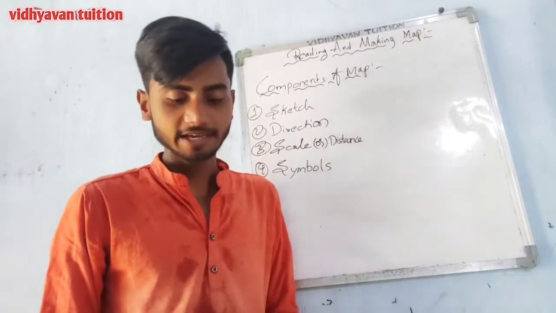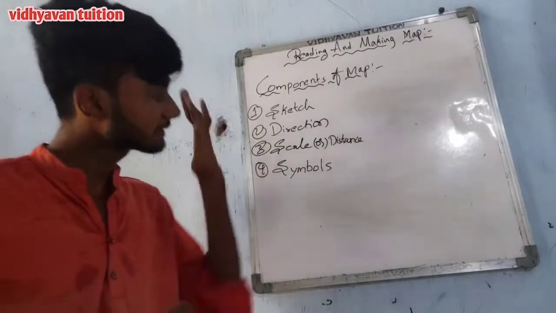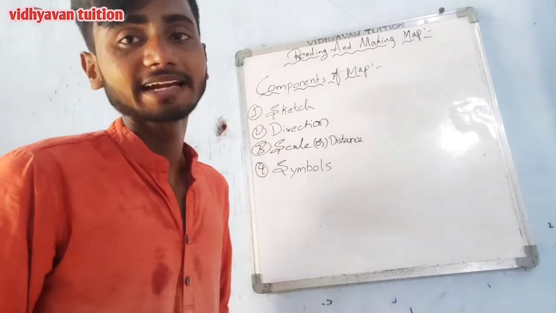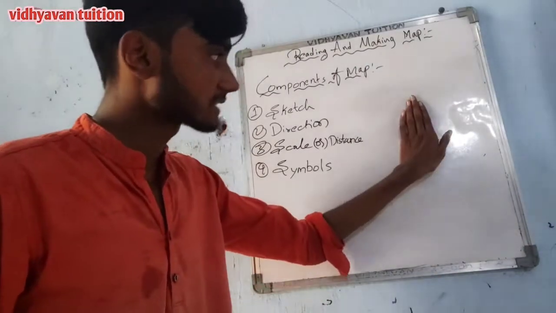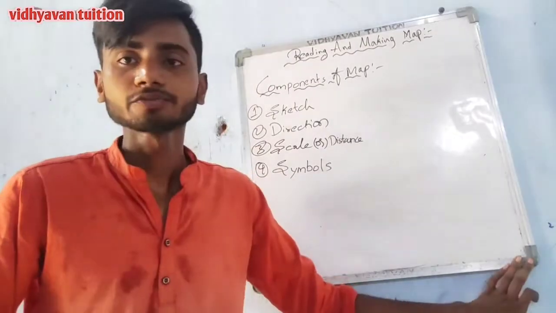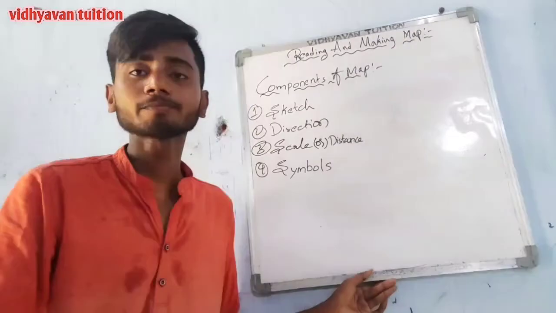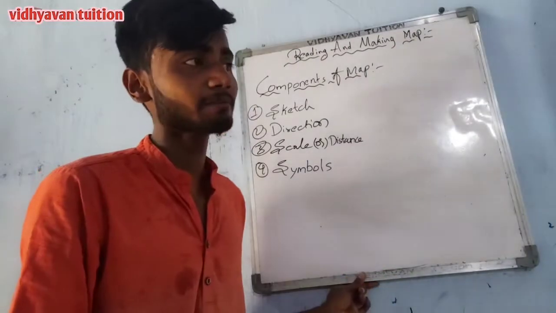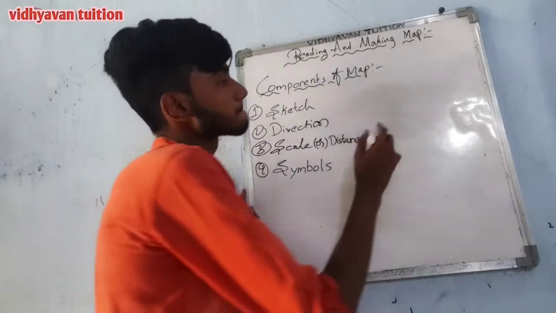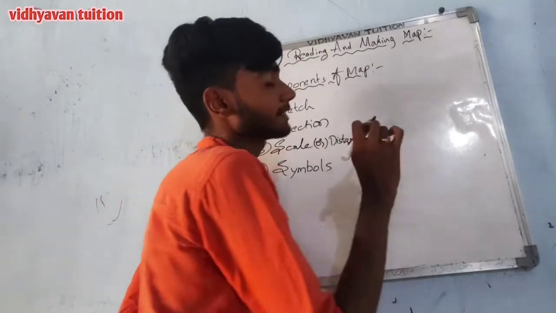Now let us enter into the third component, scale and distance. What is the scale and distance? Let me give one example to give more clarity. In the summer holidays I told one of my students to draw a diagram of the Godavari Bridge.